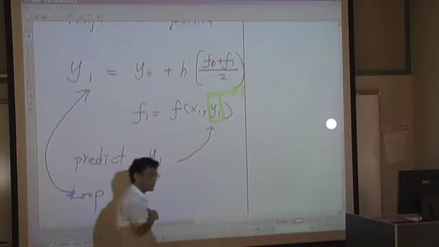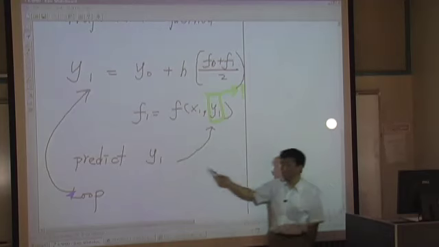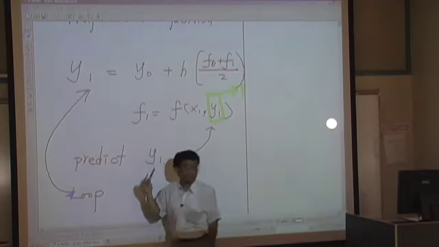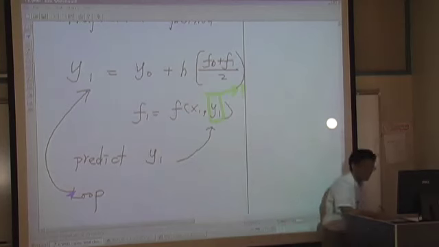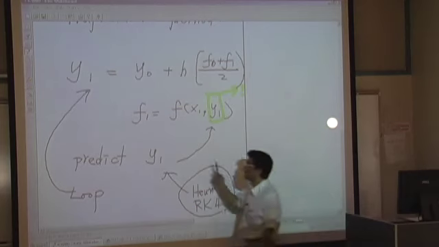So the trapezoidal method is a predictor corrector method. Then how do you predict? How do you predict y1? To predict y1, you may use Heun's method or RK4, right? So use Heun's method or RK4 to determine y1.